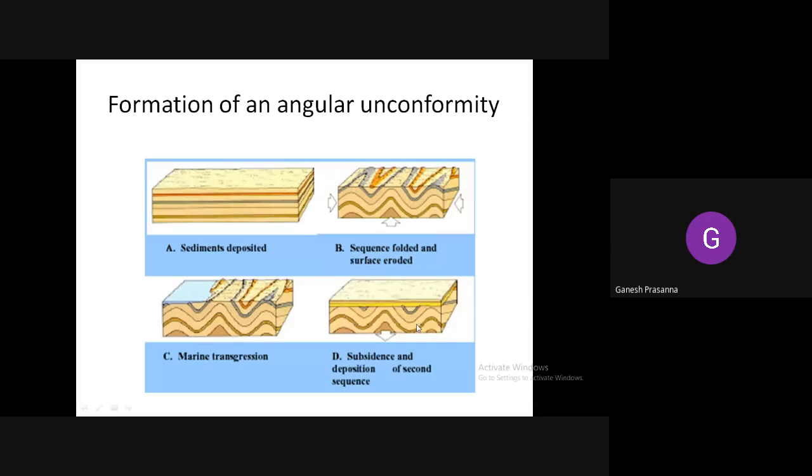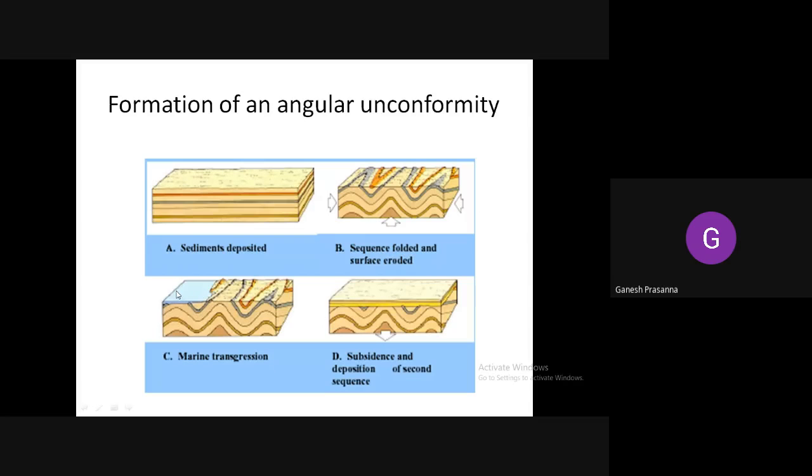at the bottom. Okay, so initially the sediments are deposited one above the other, and compression takes place on either side. This compression from the bottom also results in the wave-like pattern of the rock that is called folding. Folds are created.